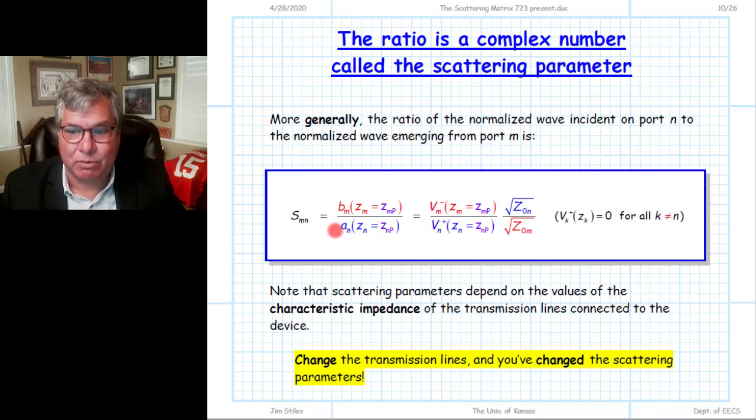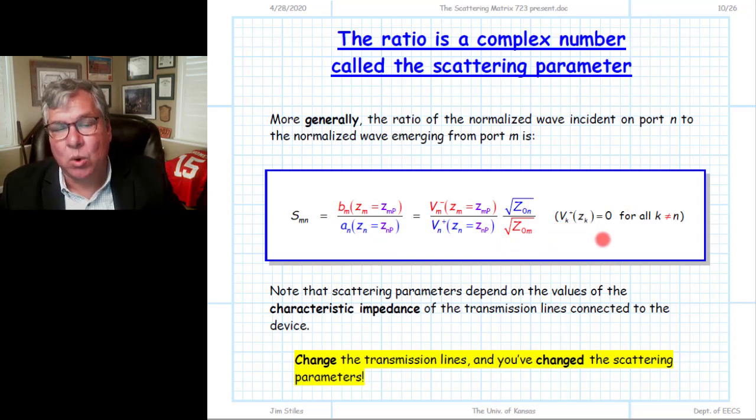And again, this is the important thing. One of the most important things is that's true only if there is one and only one non-zero incident wave. And that incident wave, of course, must be at port N in order to have a value of A that is non-zero.